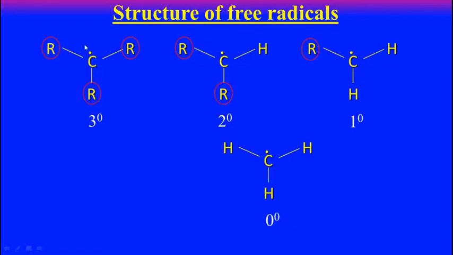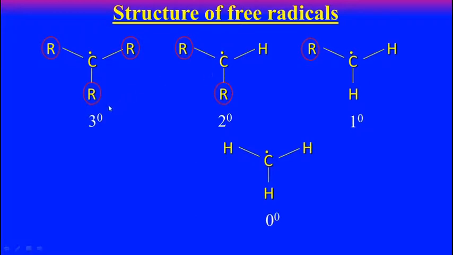That's why it is an electron octet incomplete chemical species. That means it is an electron deficient carbon. And in the case of a 2 degree alkyl free radical, we see that 2 alkyl groups are present here, and here also the carbon atom is electron deficient because it contains an unpaired electron.